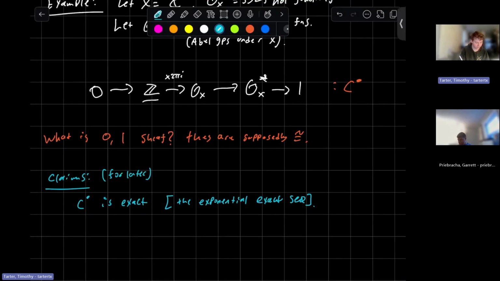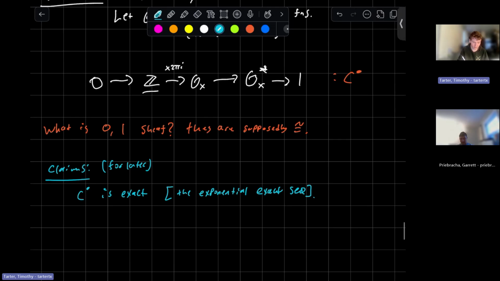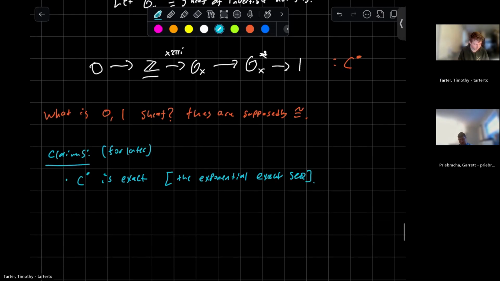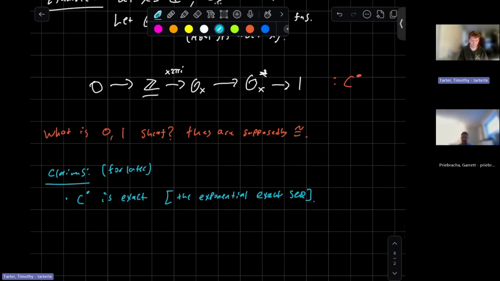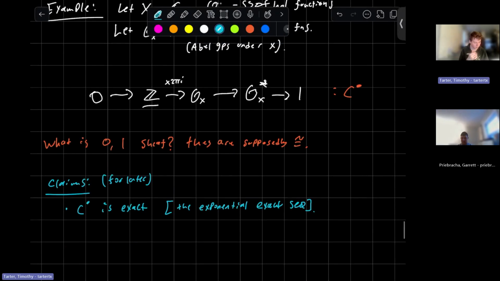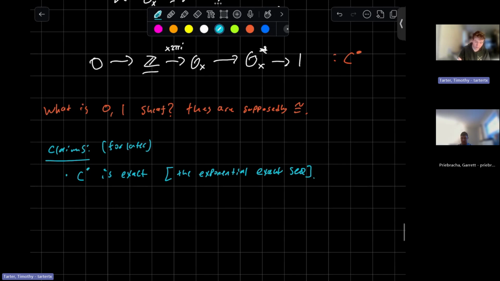And Vakil leaves this as an exercise. Zero is isomorphic to 1.